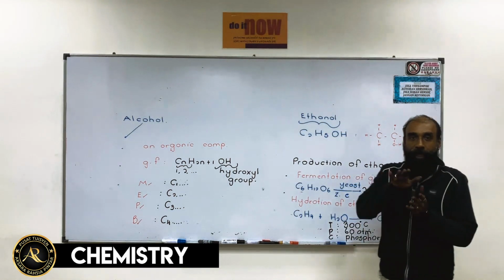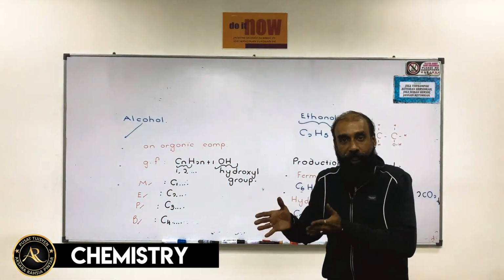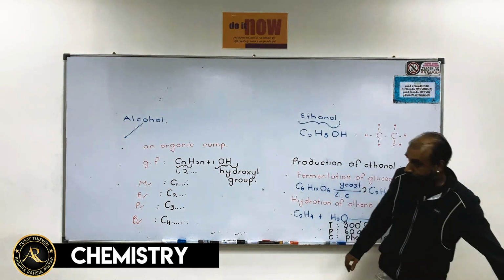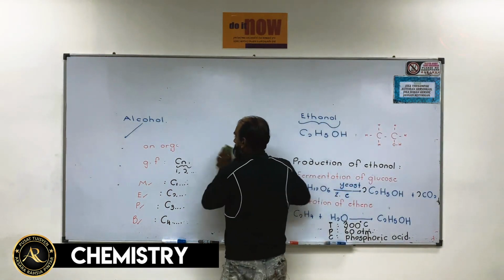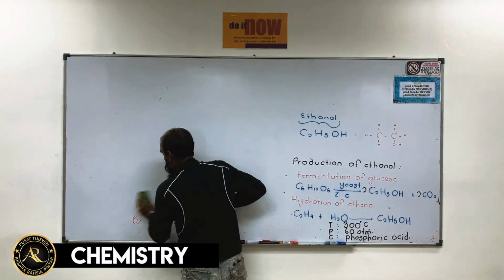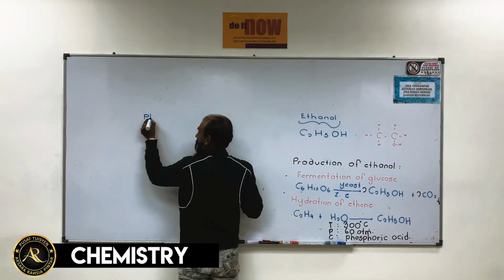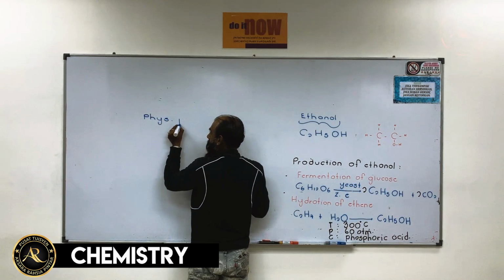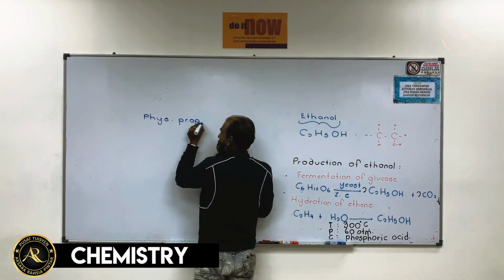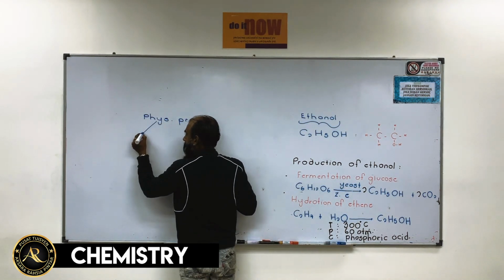Students, we have seen alcohol up to the production. Now we're going to look at the chemical properties as well as the physical properties. First, the physical properties of alcohol. I write this in short form.